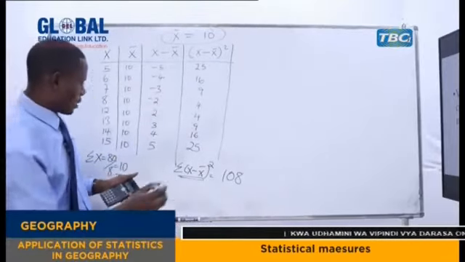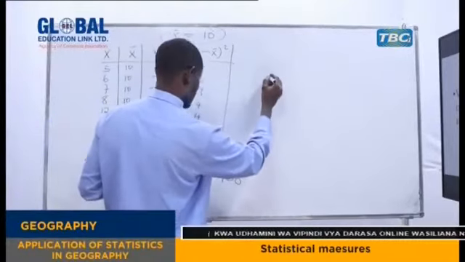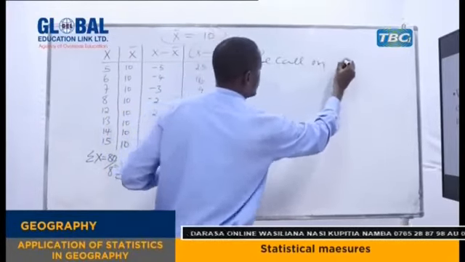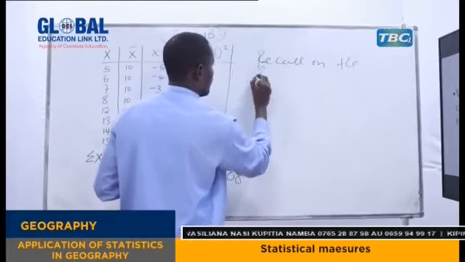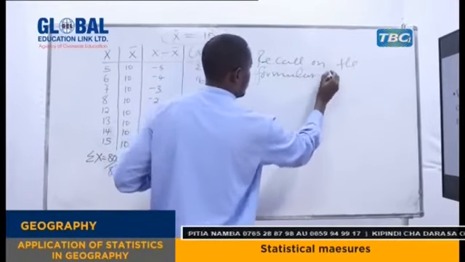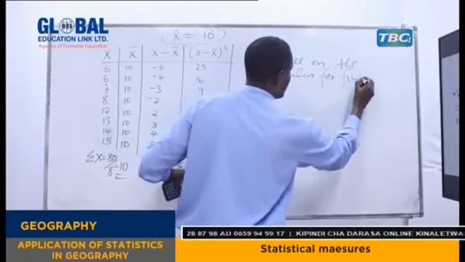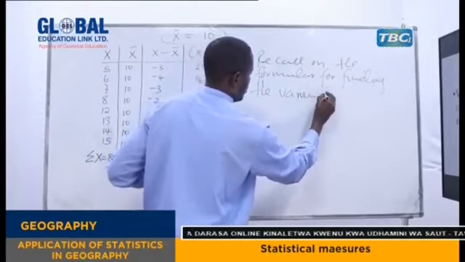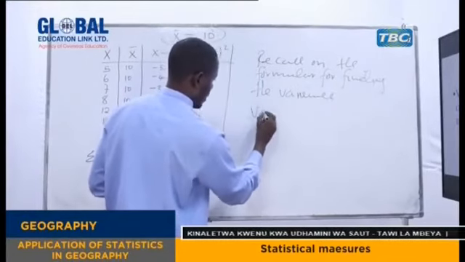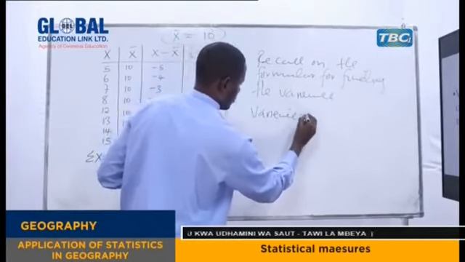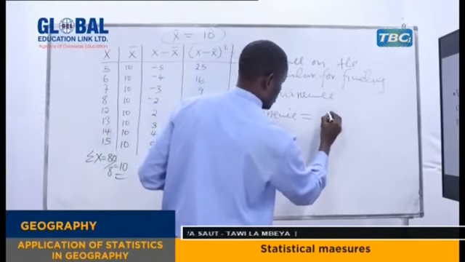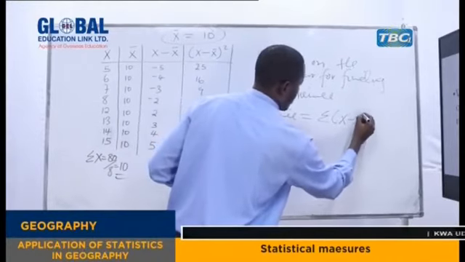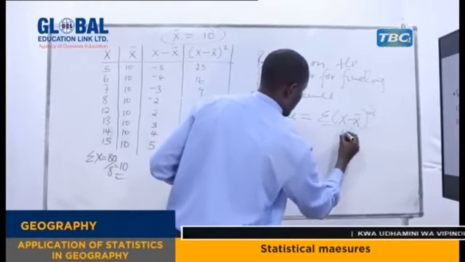Then we recall the formula for finding the variance. The variance is equal to the summation of x minus x bar squared, then we divide by n.